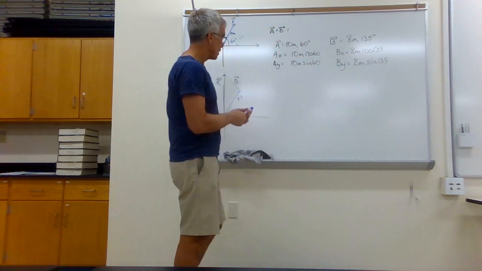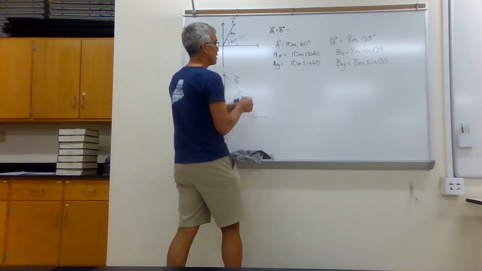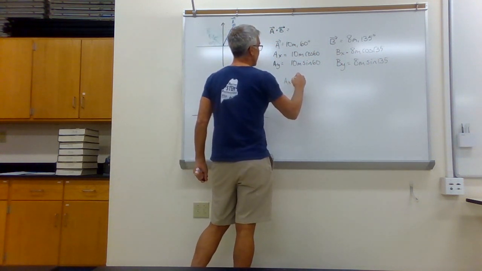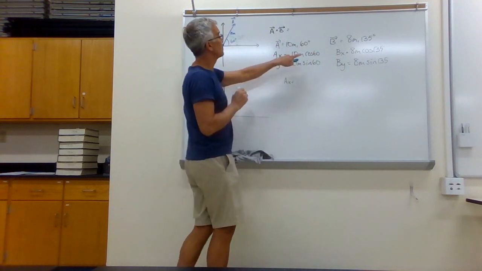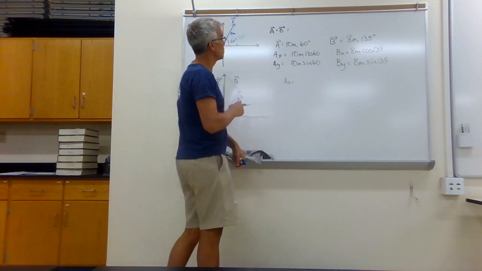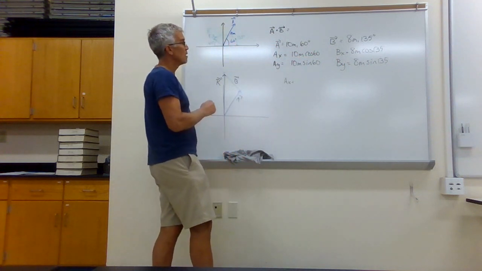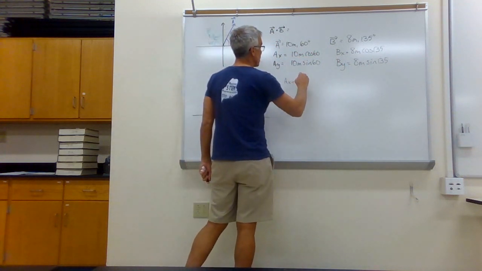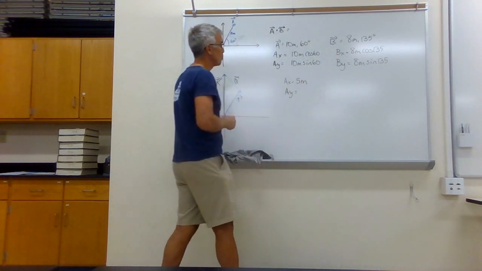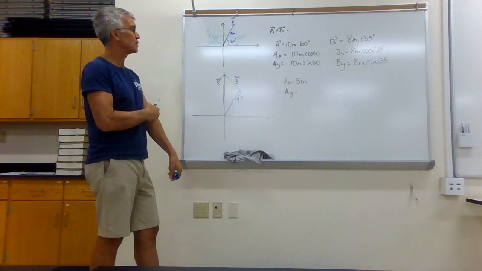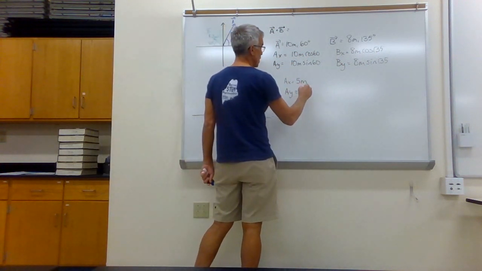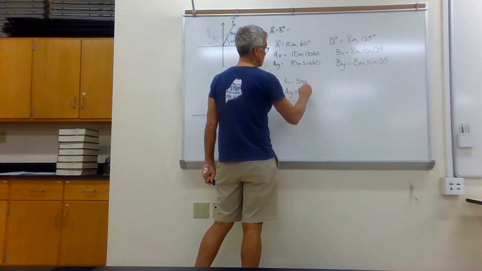Now let's simplify this. A sub x, the x component of A, is going to be 10 meters times the cosine of 60. Everybody knows that the cosine of 60 is 0.5. A sub y is 10 meters times the sine of 60, and everyone knows that the sine of 60 is 0.866.